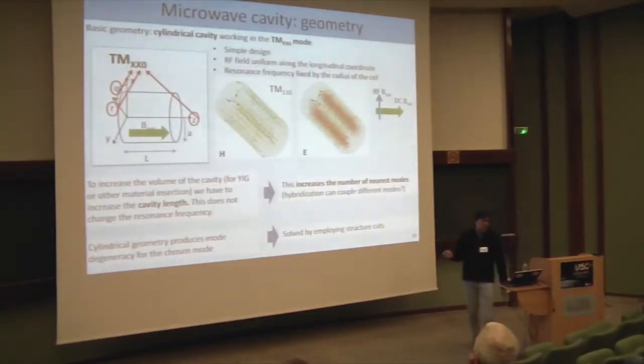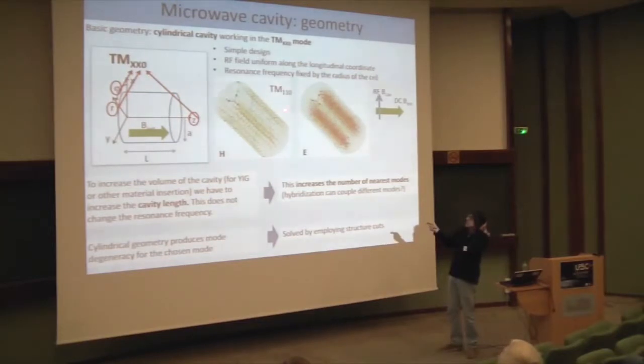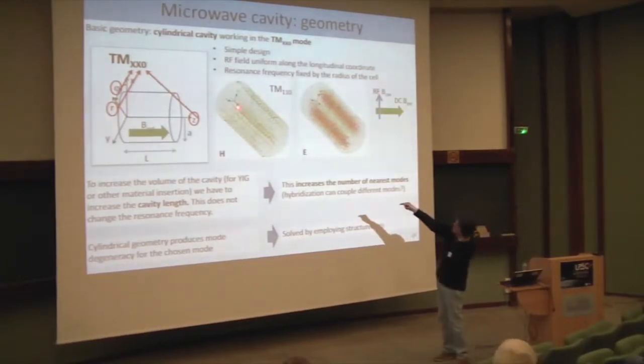For the resonant cavity geometry, we studied a cylindrical cavity excited in the TM110 mode. In this mode, the radio frequency field is orthogonal to the cylinder axis, and it is constant in this direction. And the resonance is determined by the size of the plate.